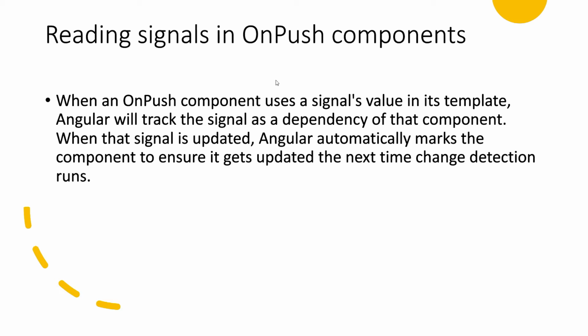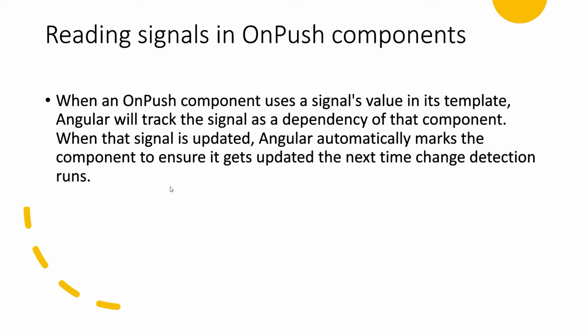Reading signal in an OnPush component. When an OnPush component uses a signal's value in its template, Angular will track the signal as a dependency of that component. When that signal is updated, Angular automatically marks the component to ensure it gets updated the next time change detection runs.